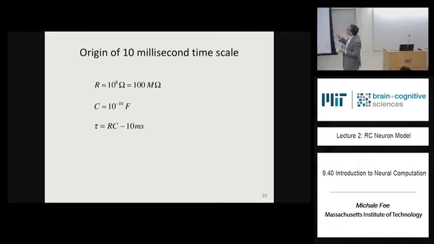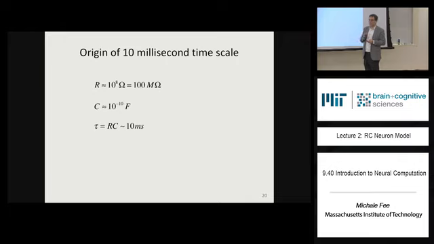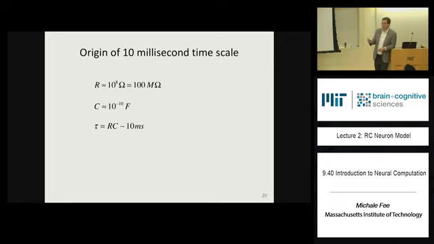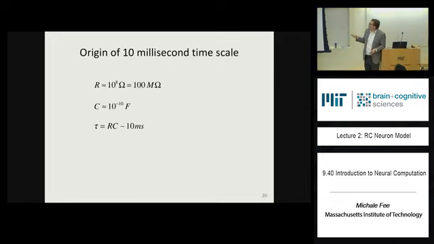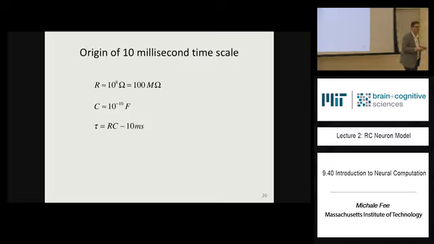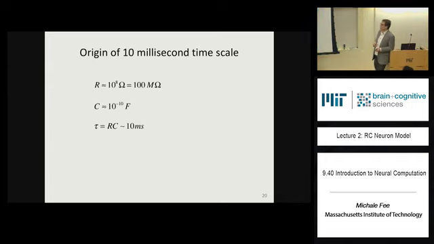Okay, let's talk about the origin of the time scale of a neuron. That tau of most neurons is about 10 milliseconds to 100 milliseconds. It comes from the values of resistance and capacitance of a neuron. The resistance of a neuron is in the range of 100 million ohms, and the capacitance is about 10 to the minus 10 farads, or about 100 picofarads.